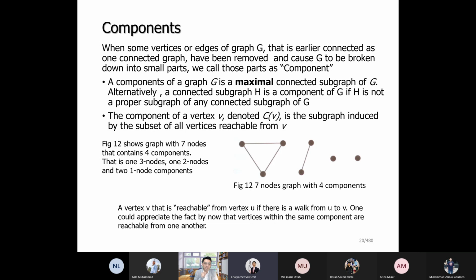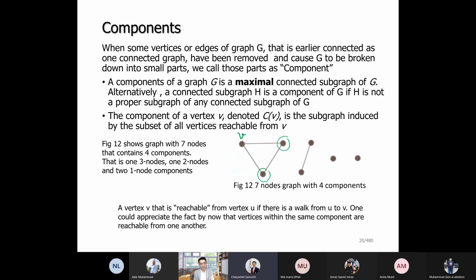The component of vertex V, denoted CV, is the subgraph induced by the subset of all vertices reachable from V. So if V is here, the vertices reachable from V are this one and this one, right? It means that we are connected with that node.